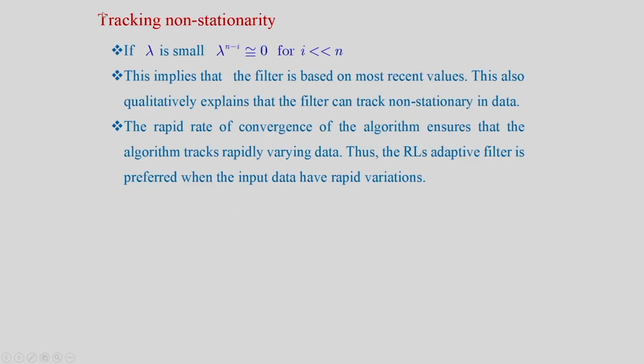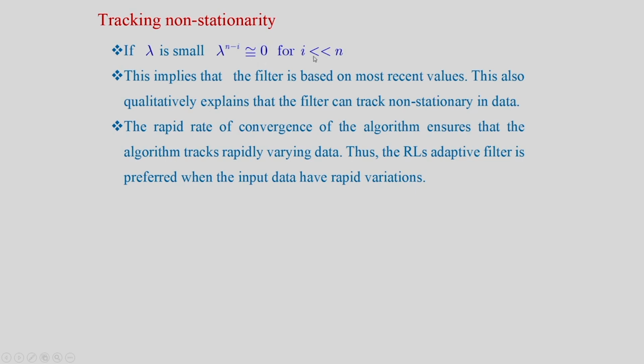Next, we will consider tracking of non-stationarity. If lambda is small, lambda to the power n minus i will be approximately equal to 0 for i much less than n.